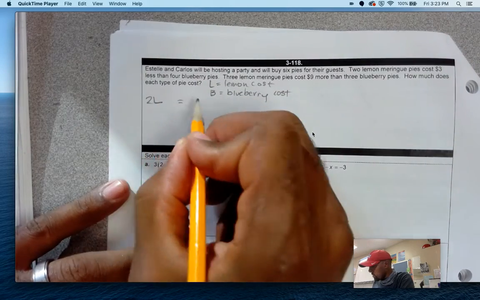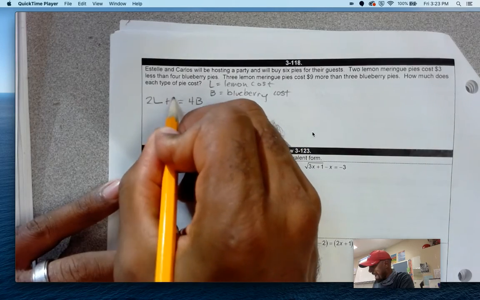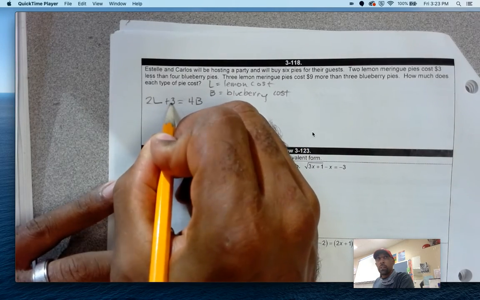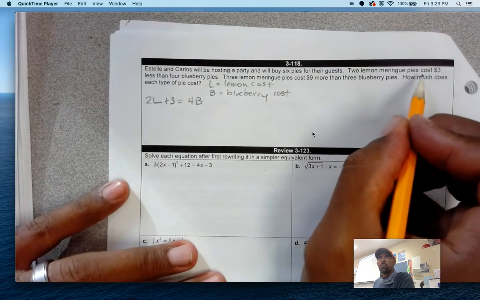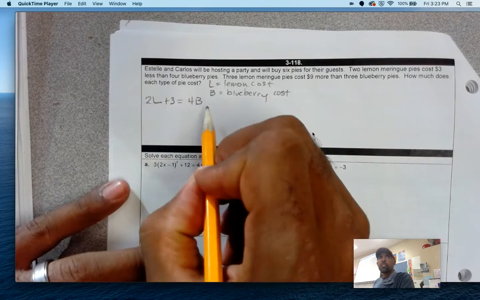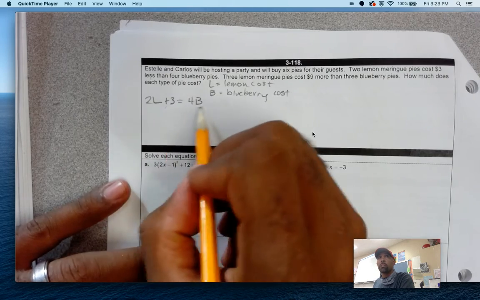So in order to equal the cost of 4 blueberries, I would have to add $3, because it says 2 lemon meringue cost $3 less than 4 blueberries. So that means I would have to add $3 to get these to be equal.